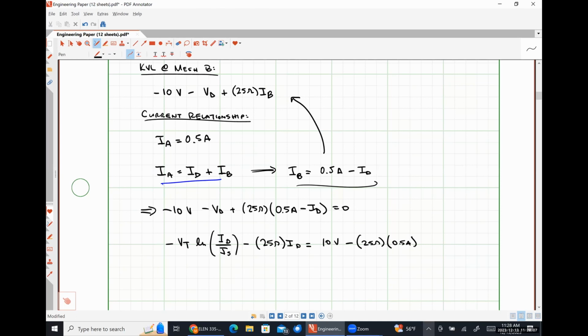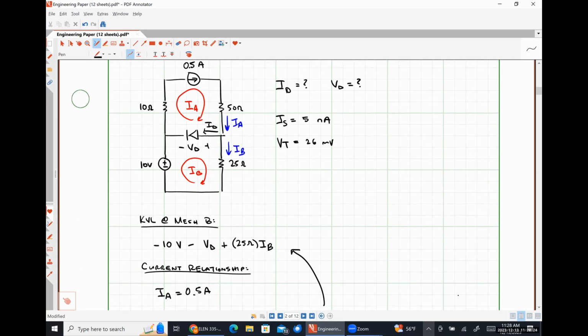How do we solve that? Yes, we are assuming that the thermal voltage is 26 millivolts, which was stated. Right.